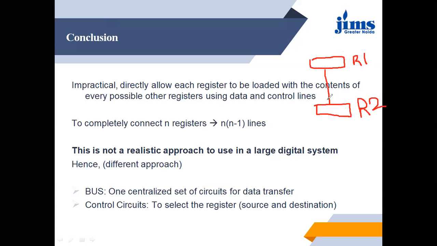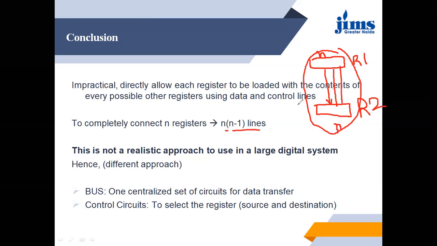Suppose these registers are of n bits. Both registers contain n bits, and I want to transfer the data, then there should be n into n minus 1 lines to completely connect the registers, because we need to transfer the complete number of bits.